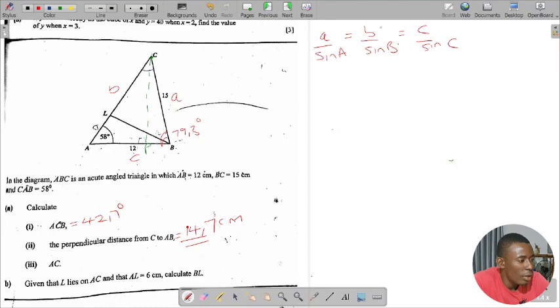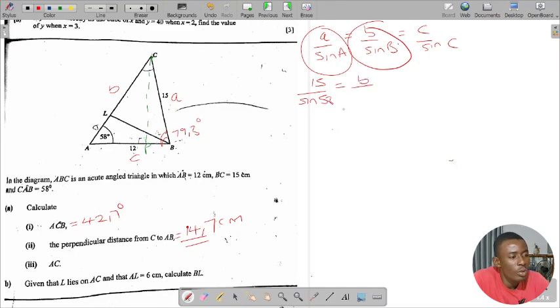So we are using b and a, because here we have 58 and 15 and a. So let us substitute. Our side a is 15 over sine A, which is 58, is equals to our b, the unknown, over sine B, which is 79.3.